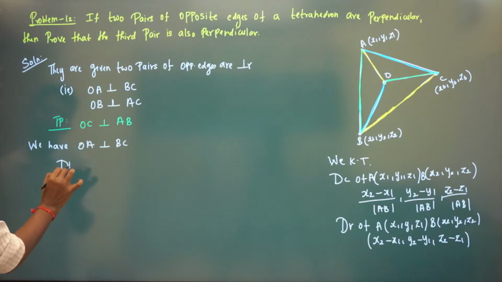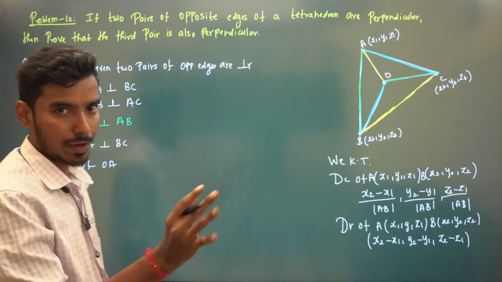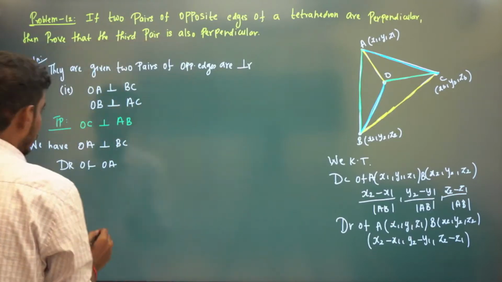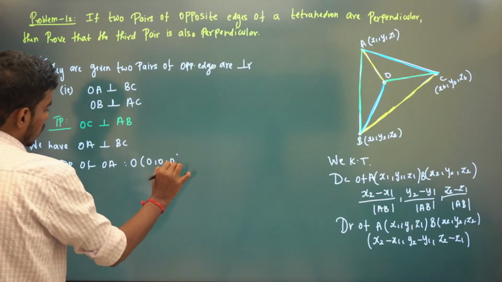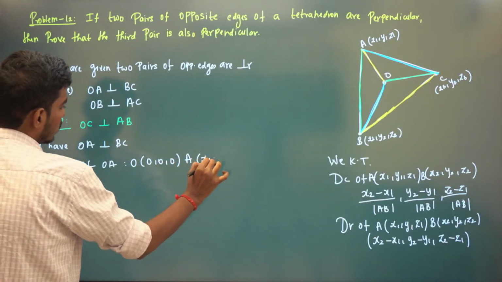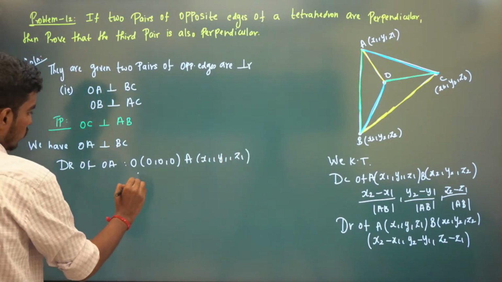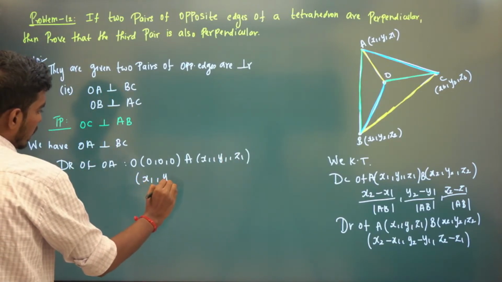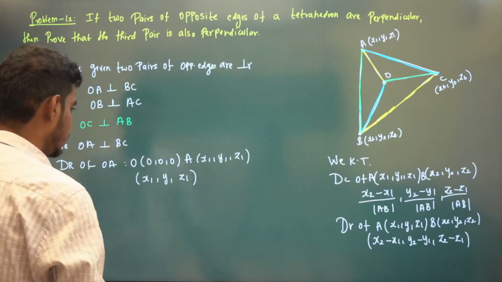Now what is the direction ratio of OA? It is nothing but x2 minus x1, y2 minus y1, z2 minus z1. O is origin, A is x1, y1, z1. So the direction ratio of OA is x1 minus 0, y1 minus 0, z1 minus 0.